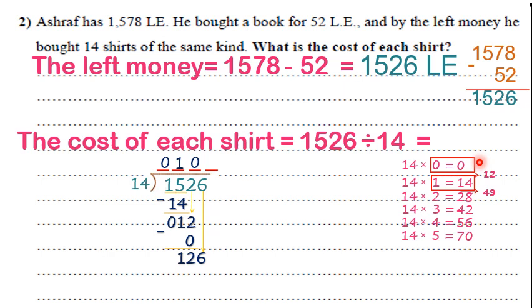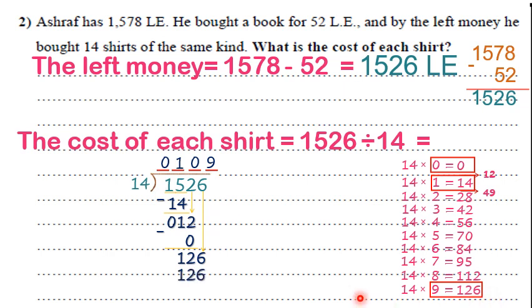126 divided by 14. Now I must continue the table because I stopped at 70. So let's write 14 times 6, 14 times 7, 14 times 8, and 14 times 9. Here I see that 14 times 9 equals 126.